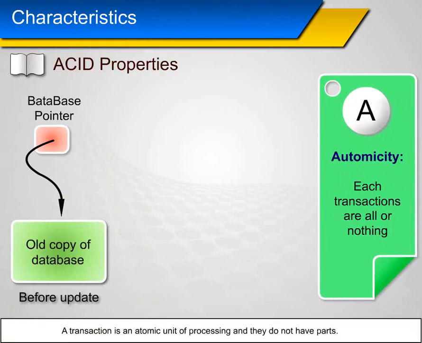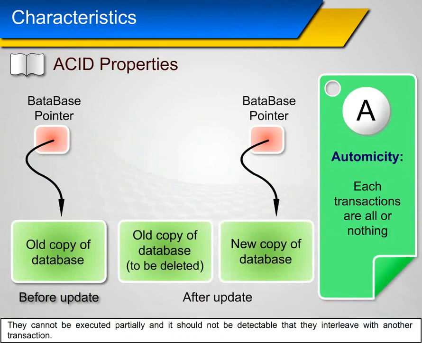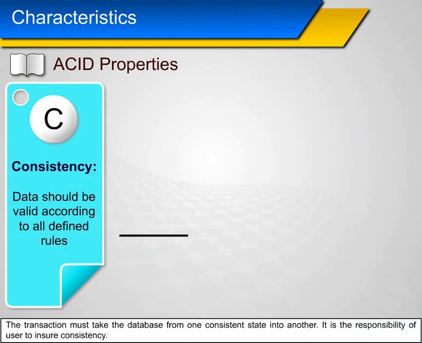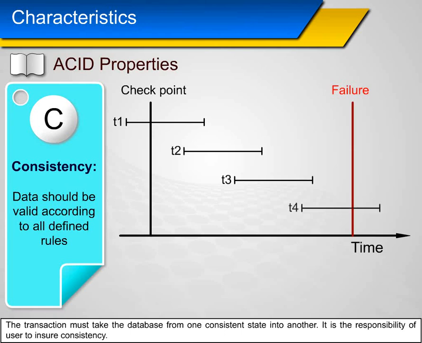A transaction is an atomic unit of processing and it cannot be executed partially, and it should not be detectable that it interleaves with another transaction. The transaction must take the database from one consistent state into another.